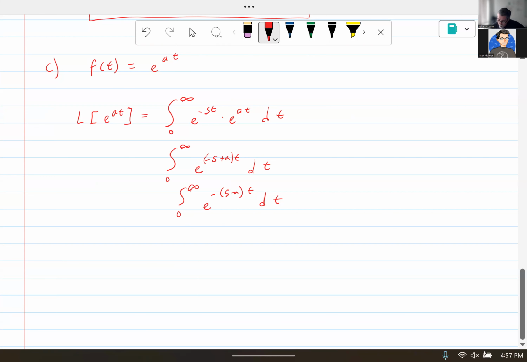That's what I meant to say. So this is going to be 1 over negative (s minus a) times e to the negative (s minus a) t, evaluated from 0 to infinity.